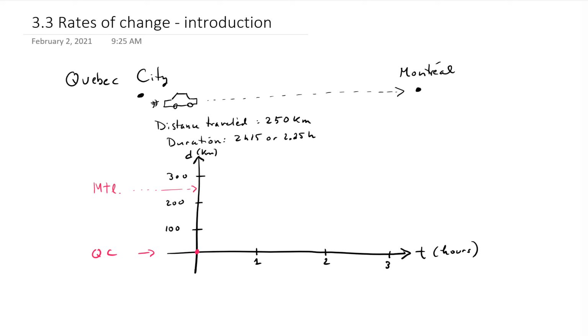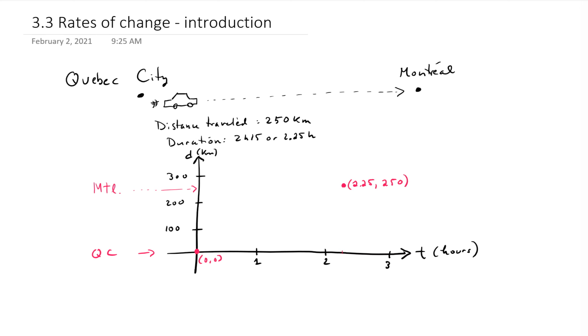So we know that when t is 0 he is in Quebec City, and when t is 2.25, which is roughly here, he is in Montreal, so right there. Okay, so let's indicate those points. This is 0, 0. This is 2.25, 250.